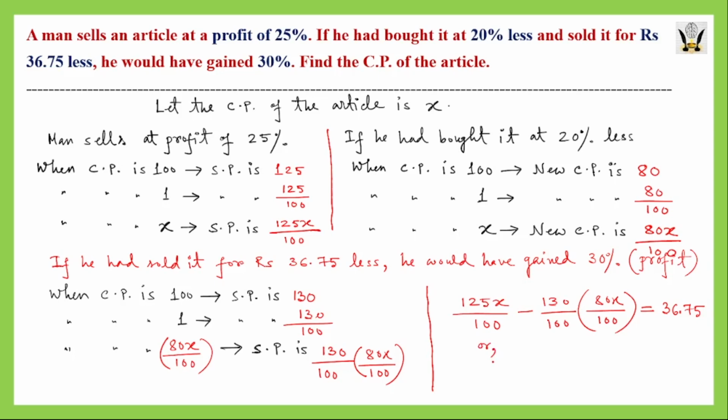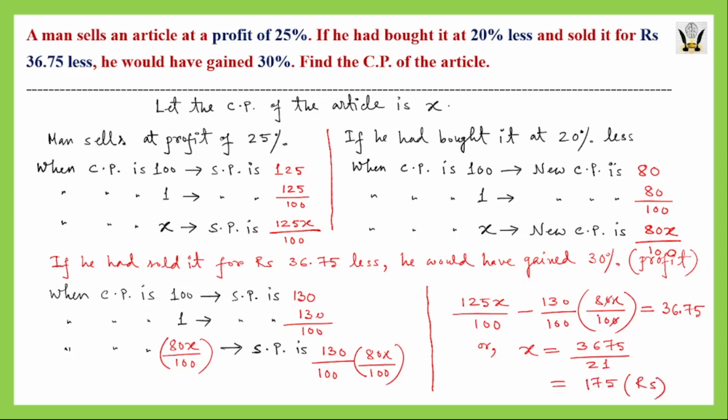So if we further simplify, then the final value of x will come as 3675 divided by 21, and this value will be nothing but 175 rupees.